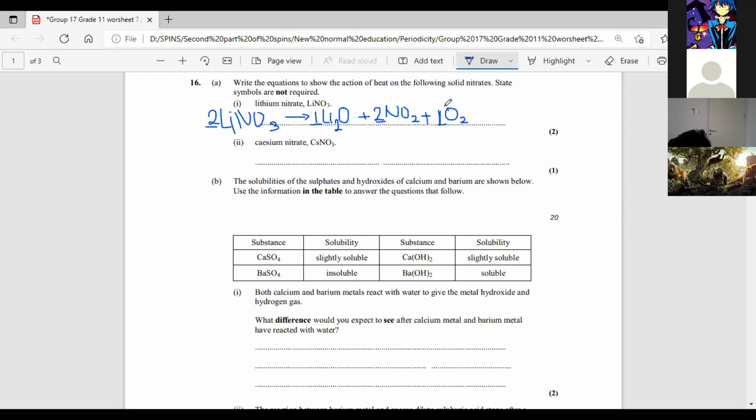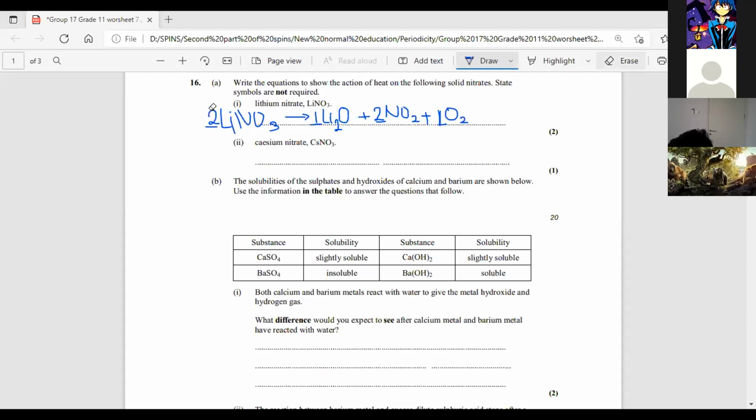Let's see. The oxygen: 2, 4, 5, 6. The oxygen is 6. Nitrogen is 2. Lithium is 2. Oh sorry, this is 4, 6, 7. On the right hand side there are 7 oxygen. On the left hand side there are 6 oxygen.